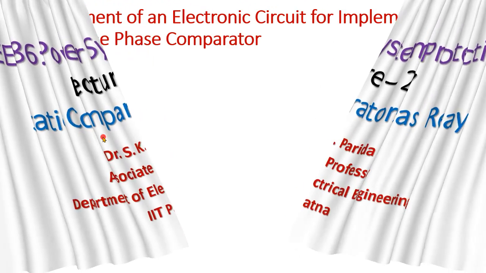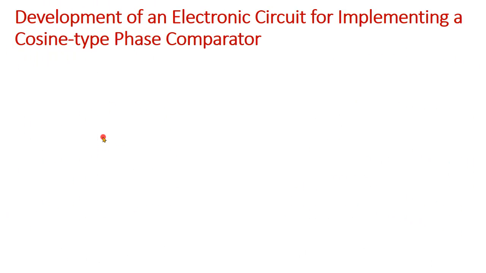So we will see here the development of an electronic circuit for implementing a cosine type phase comparator. One may ask why we are not implementing the amplitude comparator. Implementing amplitude comparators is simple, because we have the op-amp, which acts as the comparator. In fact, it is the amplitude comparator. There are many different types of ICs available in the market which can directly act as the amplitude comparator.